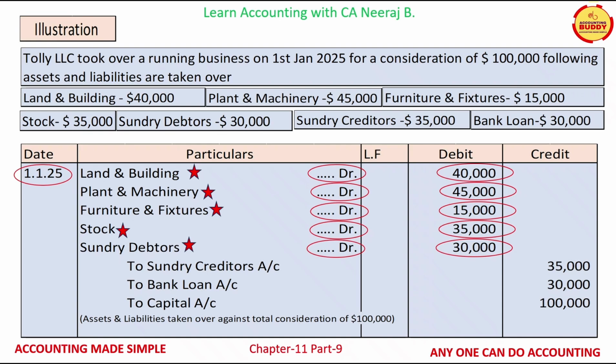The liabilities taken over, that is the sundry creditors, will be credited by $35,000, bank loan by $30,000. The consideration of $100,000 paid will be credited to the capital account. Proper narration of the entry will be written to explain the nature of the transaction.